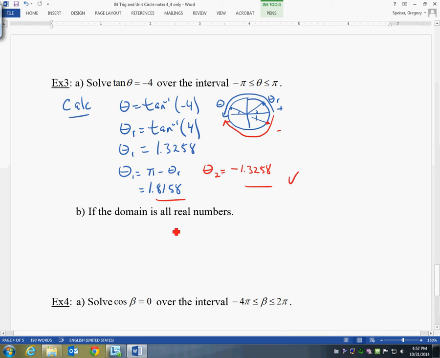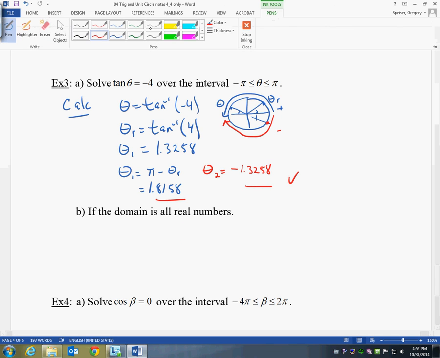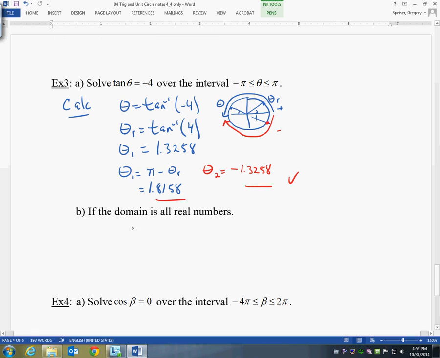Now, what about if the domain is all real numbers? I better go back to a more sane color. We'll go for green here. So I can say 1.8158 plus 2k pi, where k is a set of all the integers. And, well, I can actually use negative. That's fine.